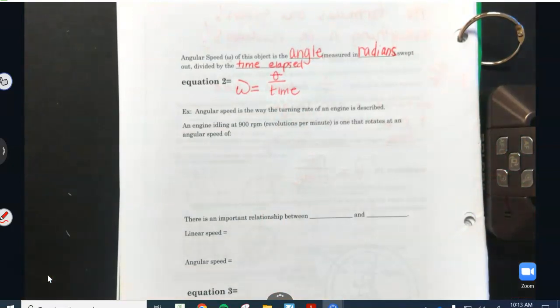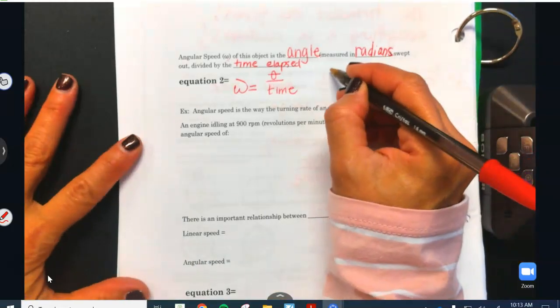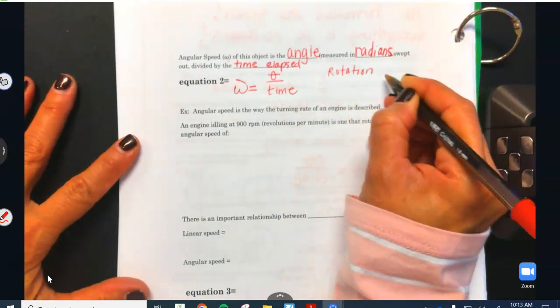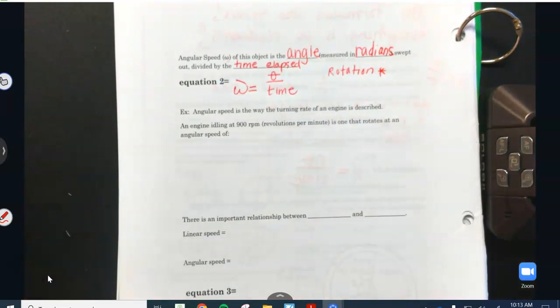But you got to remember when you took notes on graph paper, we talked about rotations. Remember, whatever the rotation was, we multiplied by 360 to get the degrees, but we're just dealing with radians. How many radians on the unit circle is 360 degrees? 2 pi, good.